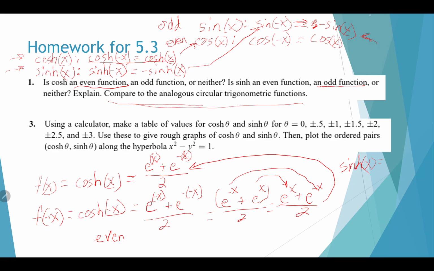Let me make this big enough you guys can see it, because I do know this is e to the x minus e to the negative x. Still over 2, right? The whole thing is over 2.